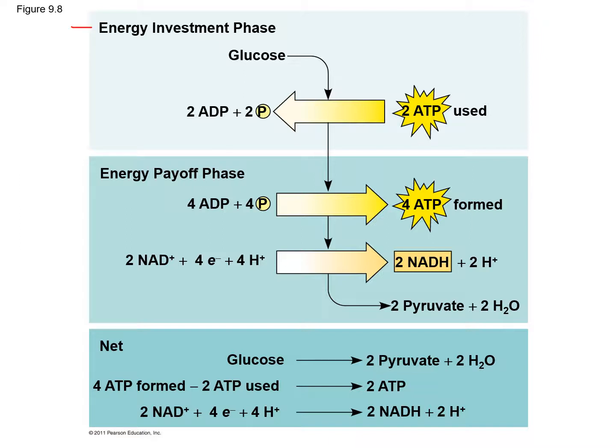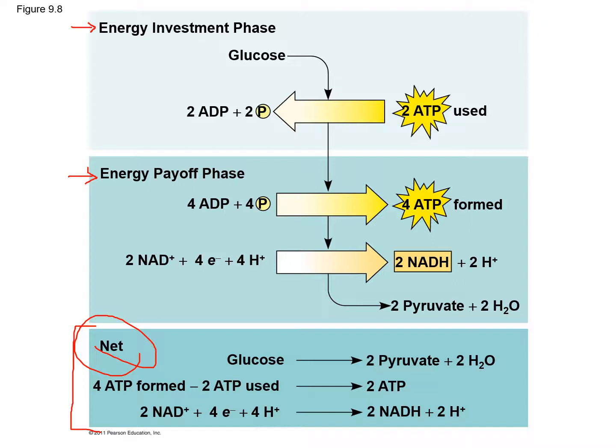This diagram, they've broken it down into 3 phases. So they have the energy investment phase, they have the energy payoff phase, and then they have kind of the net or the overall effect. So as we go from glucose to pyruvates, you'll notice that ATP is used to phosphorylate the glucose. So you'd be expected to understand that ATP is phosphorylating glucose.